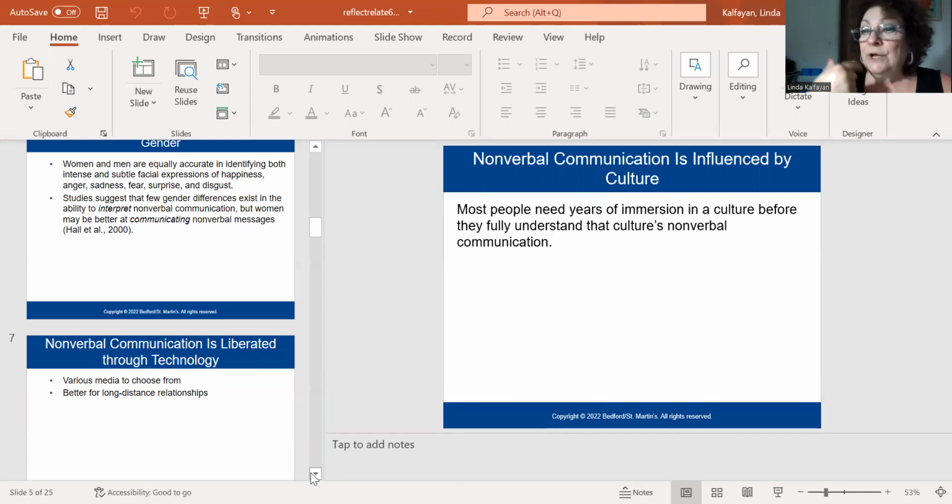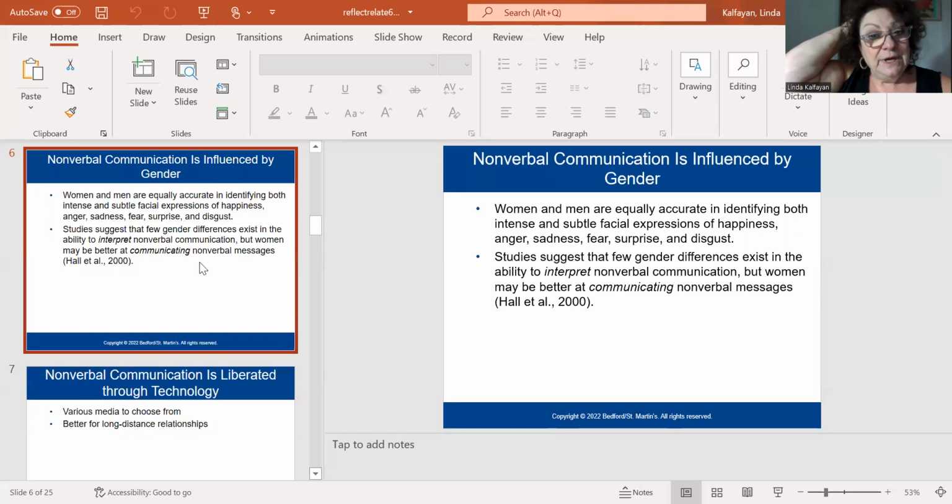Some cultures purse their lips for directionals. And when we study intercultural communication, not at Westchester, but at other colleges, it does explain other things about other cultures that go beyond this course. So women, see, now this study is done in 2000.